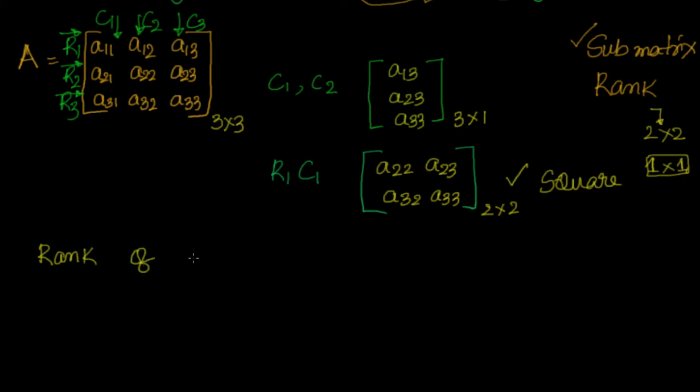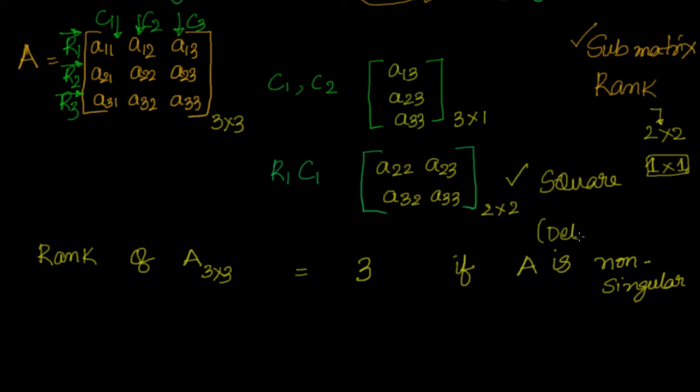Rank of a 3 by 3 matrix, what can be its values? It is equal to 3 if A is non-singular. What is the meaning of non-singular? Non-singular tells me that the determinant of the matrix is not equal to 0.